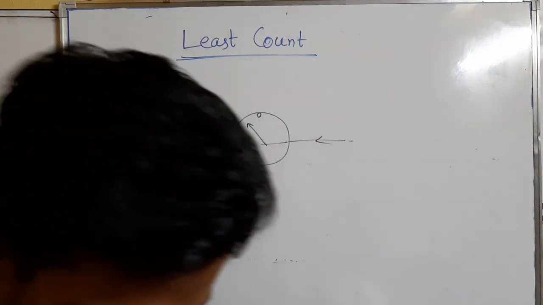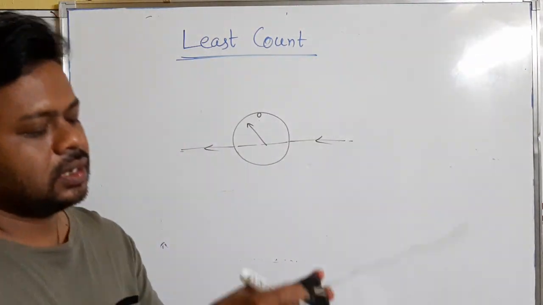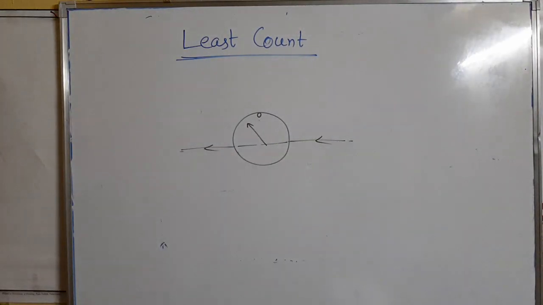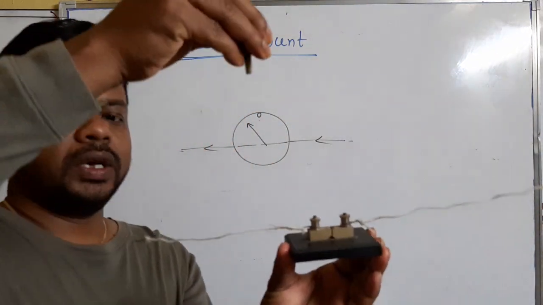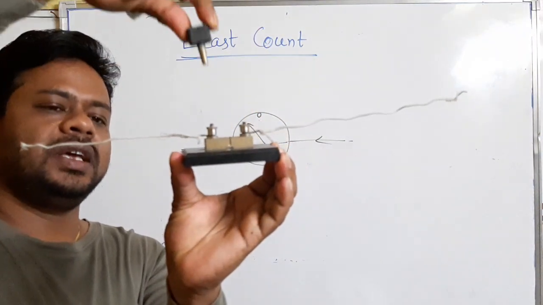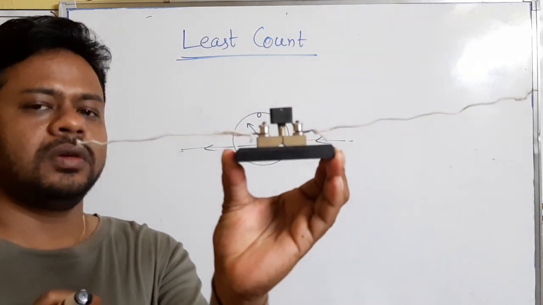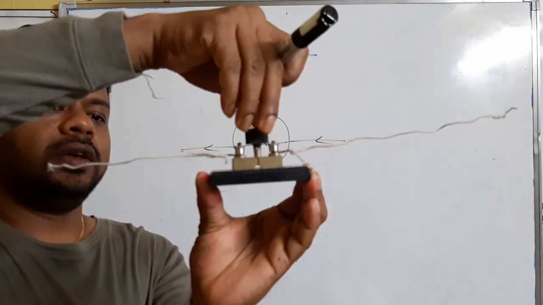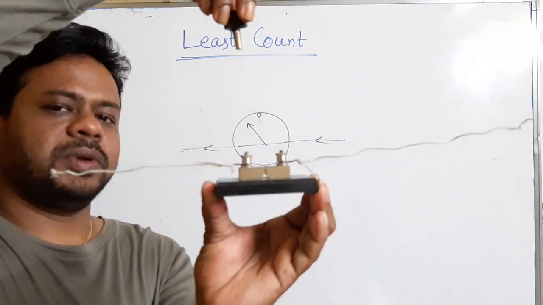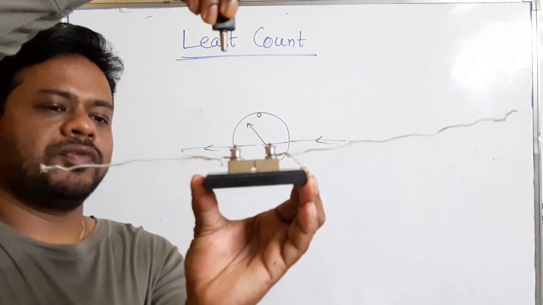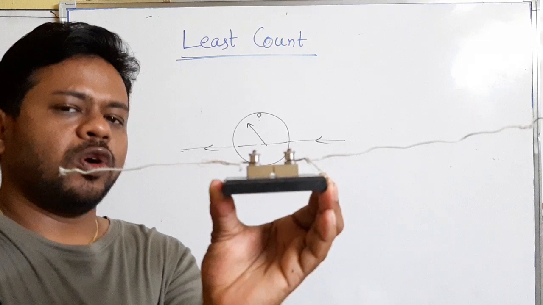Then the last one is a switch, a key. If you keep the key like this, then the switch is on, and if you take out this key, then the switch is off, meaning the switch is in open condition.